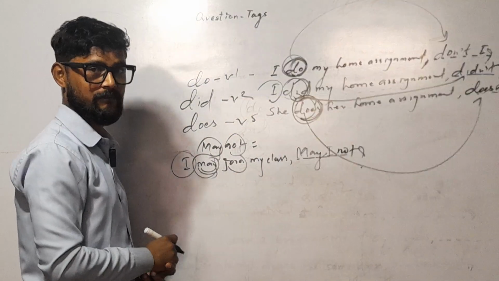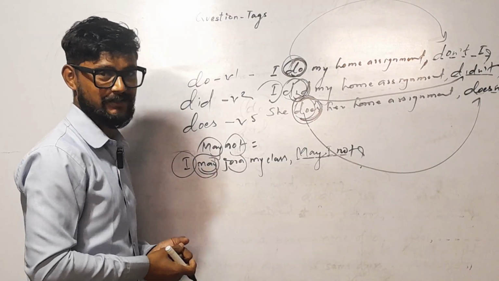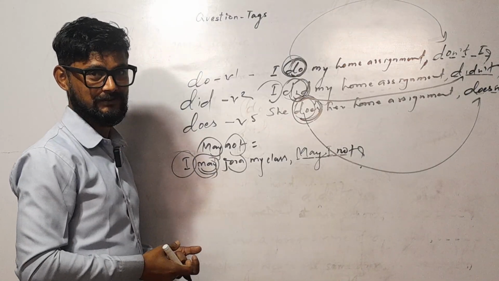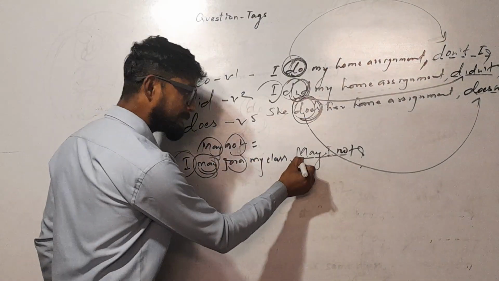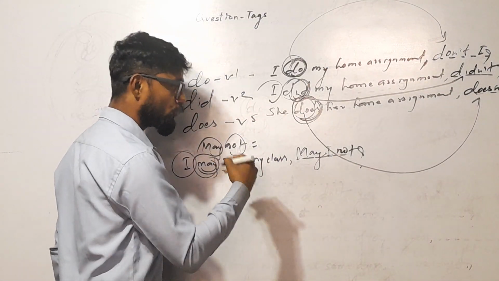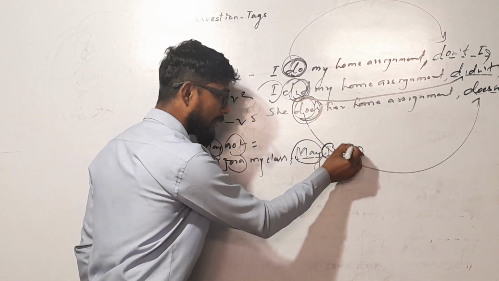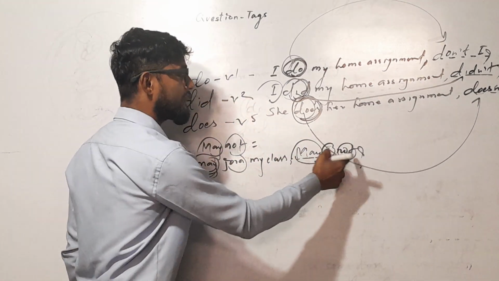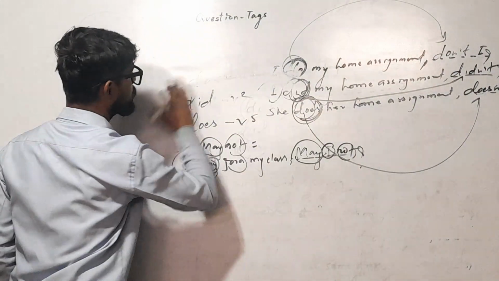See, it seems odd, unnatural, but what to do? English has such kinds of rules. So we have to write the auxiliary verb or helping verb, subject, and then not. So, may I not. Okay. So like that we get confused here.